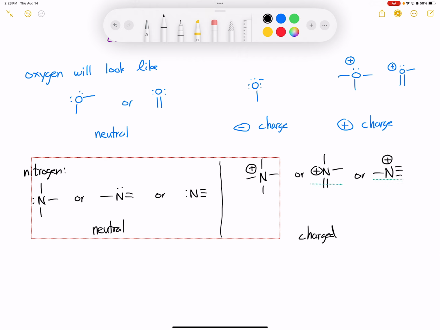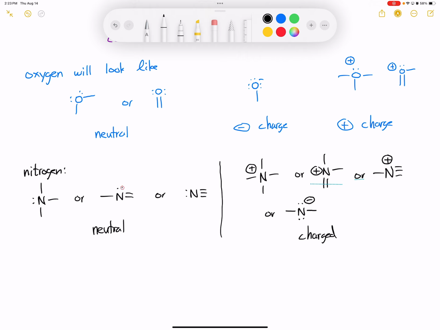Okay. And then you also have a negative charge. Nitrogen can also appear like this. Okay, so those are the main forms of nitrogens you'll see in this class.